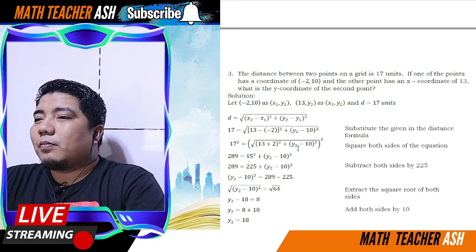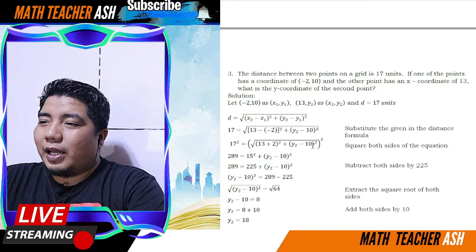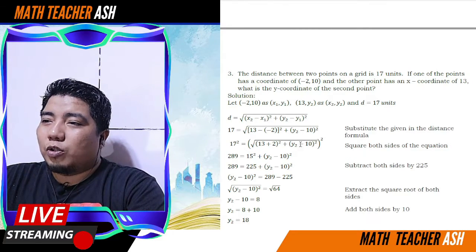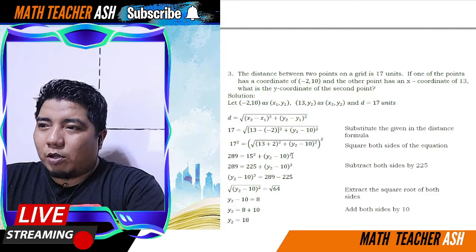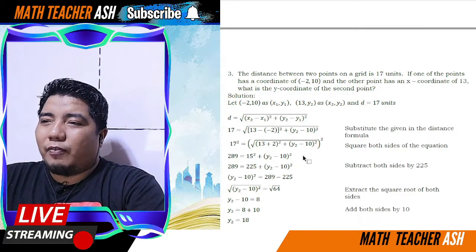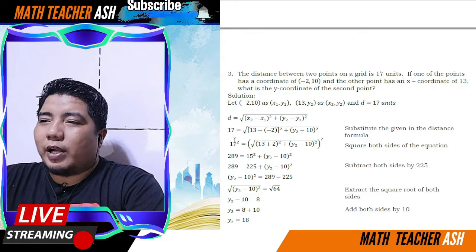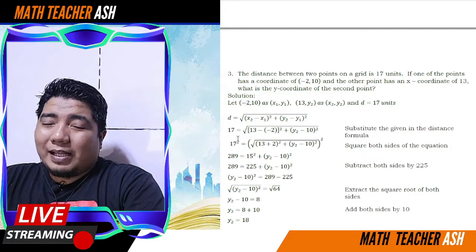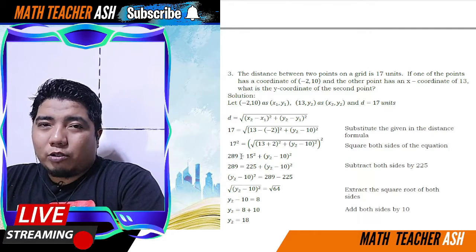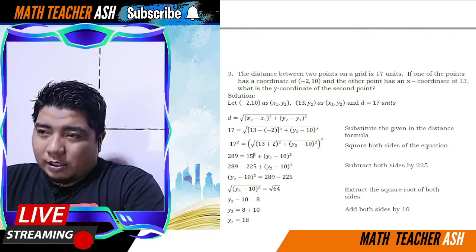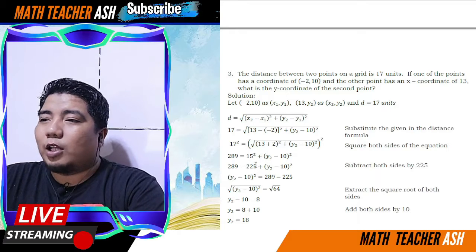Alright. So, y sub 2 minus 10, hindi natin masisimplify yan. So, we will just copy it together with its squared. Because since that is part of the formula. Okay, so 17 squared, when we multiply 17 to itself, the answer is 289. So, continue tayo. When we simplify 15 squared, that is 225.